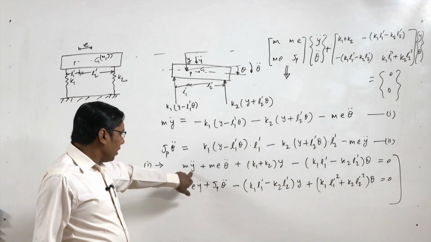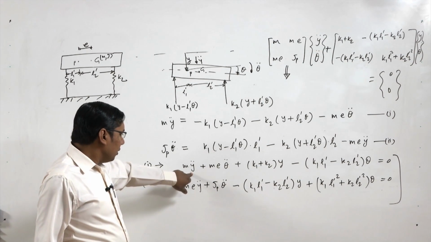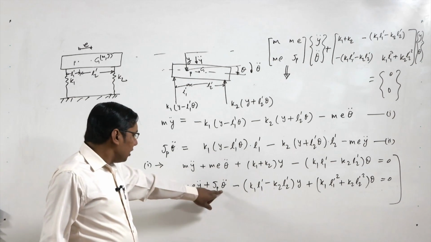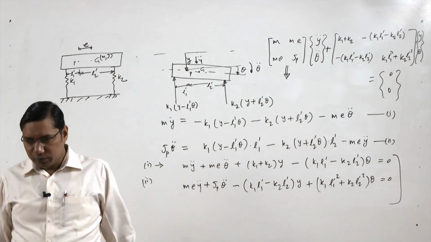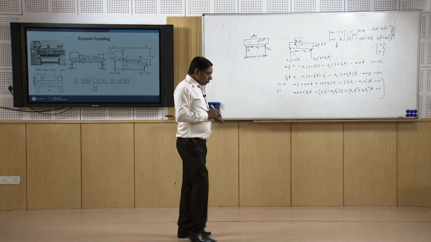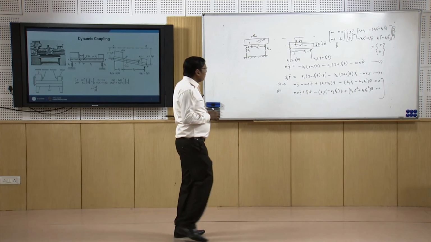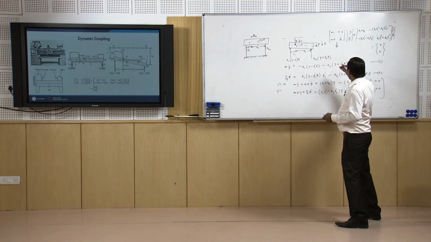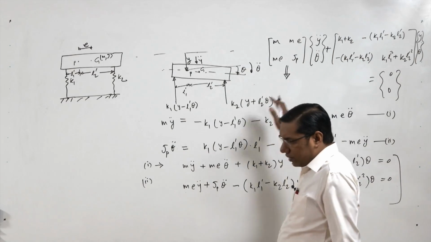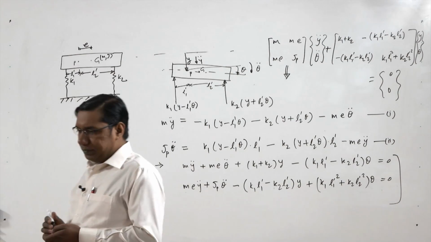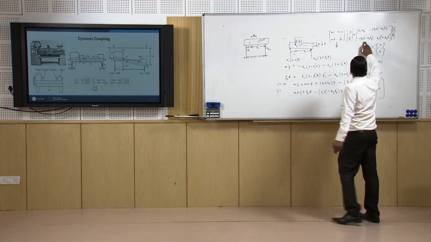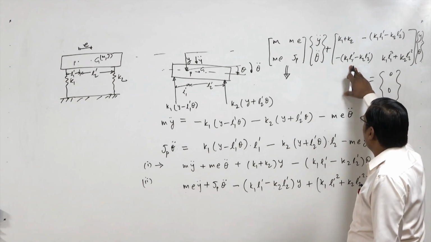In the equation of y motion there is a theta double dot term, and in the theta equation there is y double dot. This is called mass coupling, or dynamic coupling, and as we have already discussed, this is static coupling.